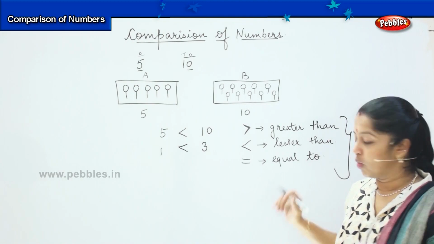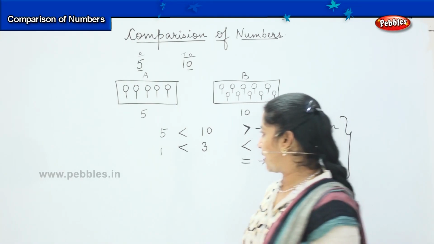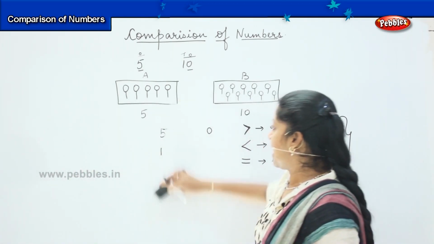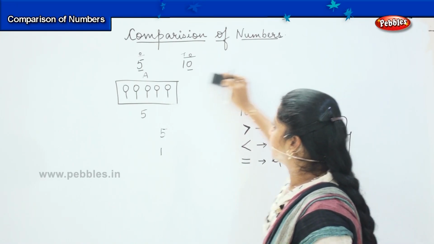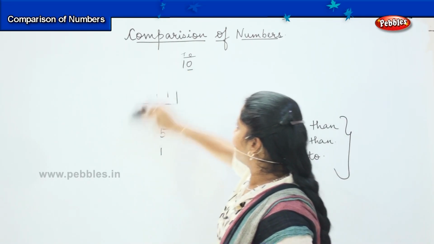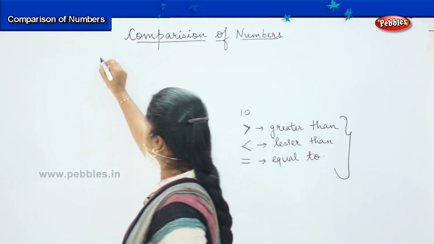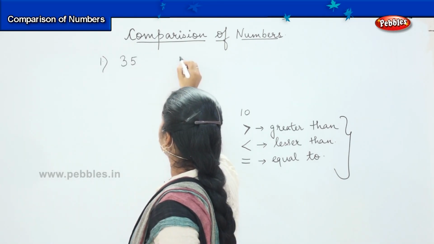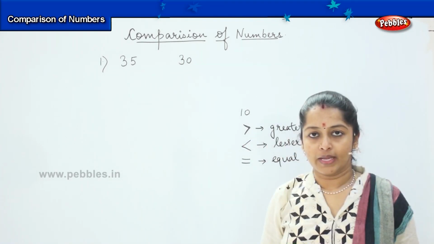Okay. So now to begin with, shall we do a few examples? I am going to give you a couple of numbers and you need to tell me which among these is the bigger one. To start with the first one, I have the numbers 35 and 30.